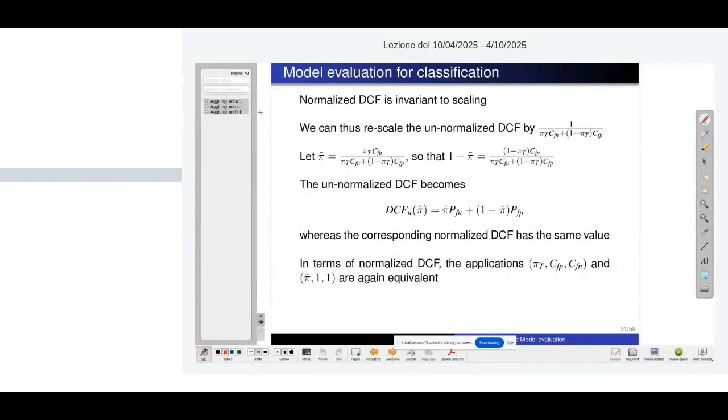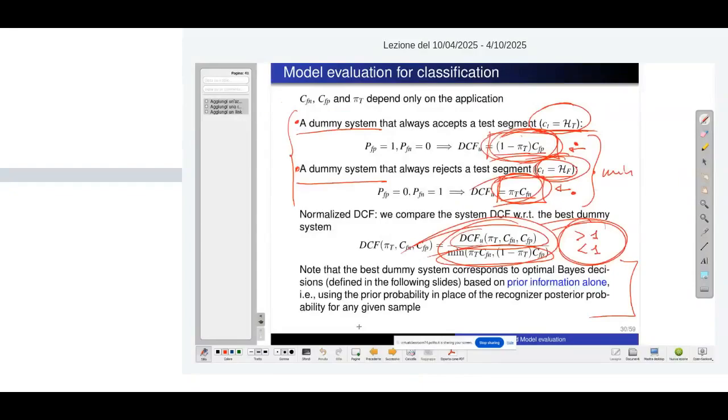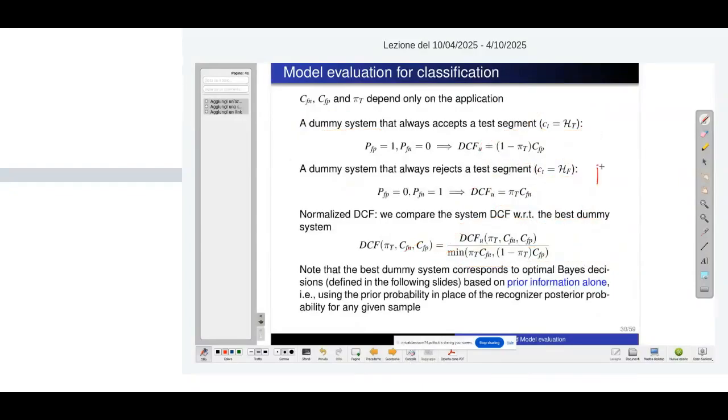Finally, when we work with normalized DCF, we can observe that the normalized DCF is invariant to a rescaling of the DCF. That is, we define the normalized DCF as the ratio between the DCF computed for our recognizer divided by the DCF computed for a dummy system, the best dummy system.